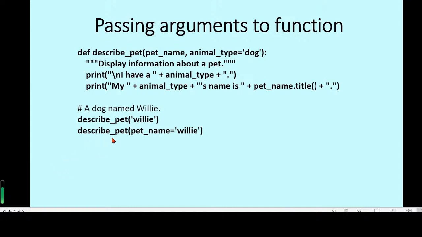So when we call this function, we can also write pet name Willy. In both calls without animal type in the input, the function will assume that the animal type is dog.